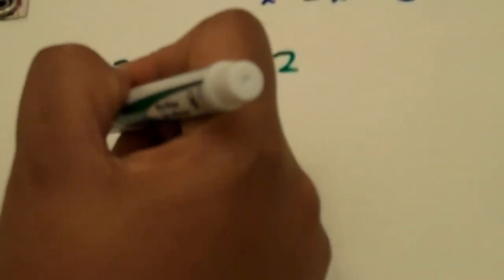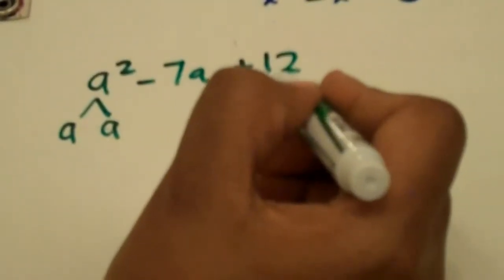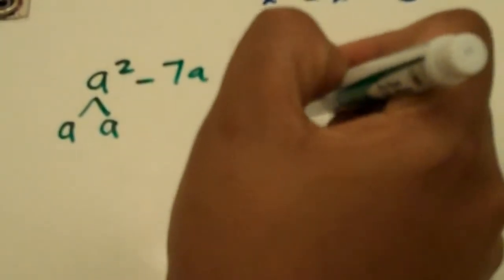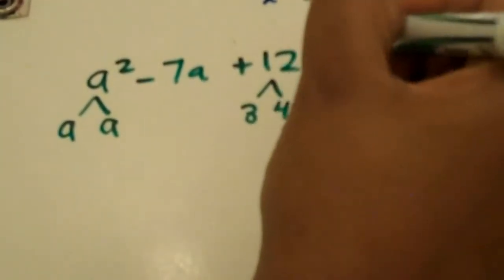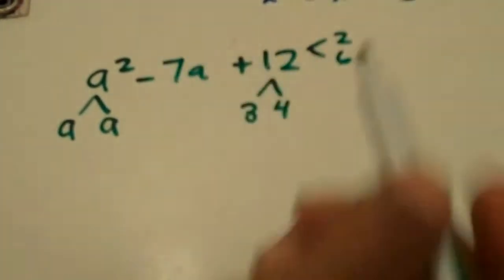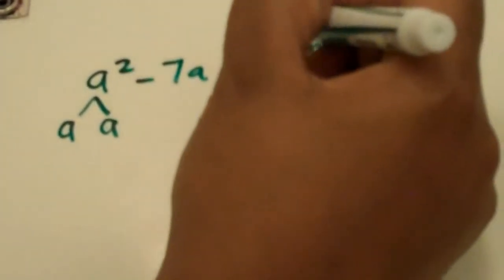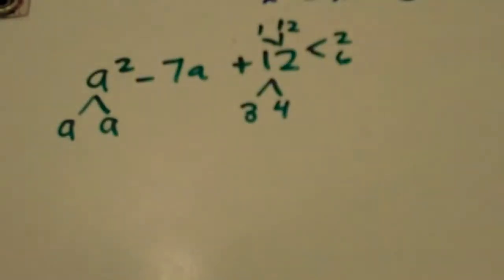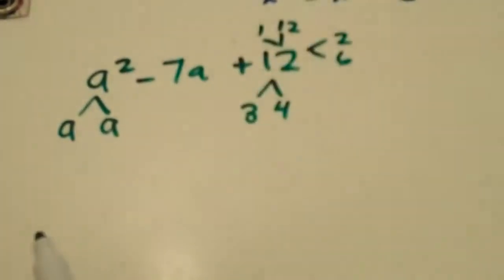To get a squared, the only thing that we can do is multiply a times a. To get 12, we have a couple of options. We could do 3 and 4, or we can do 2 and 6. We can also do 1 and 12. I always recommend going for kind of the middle numbers, so I would probably try 1 and 12 last.